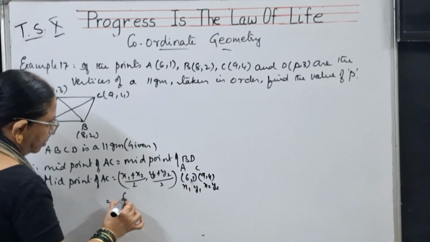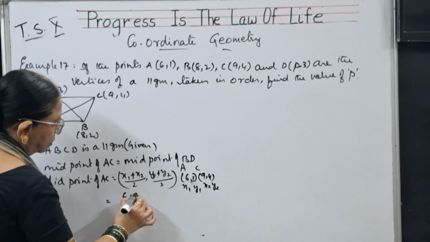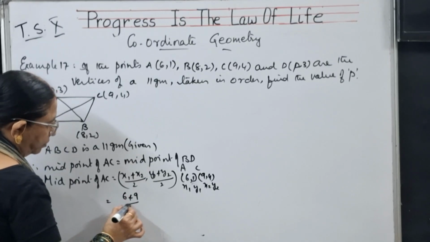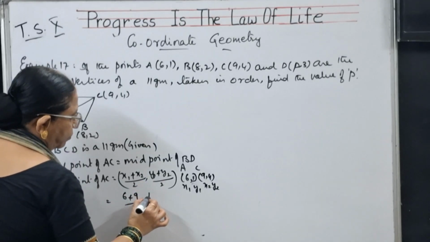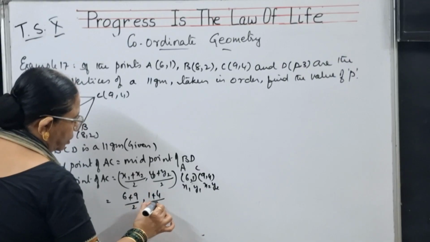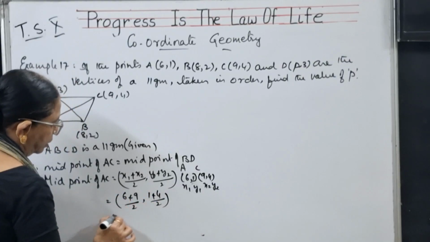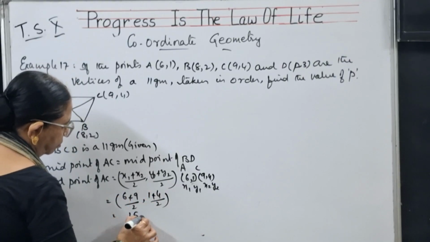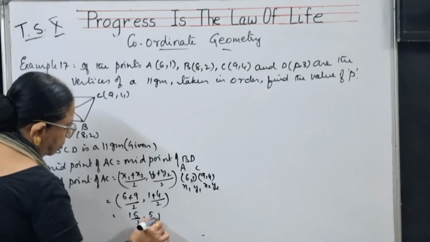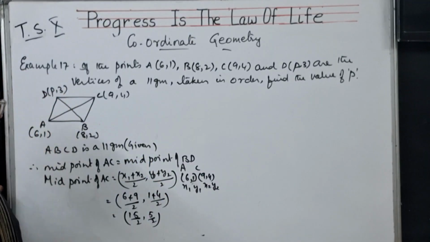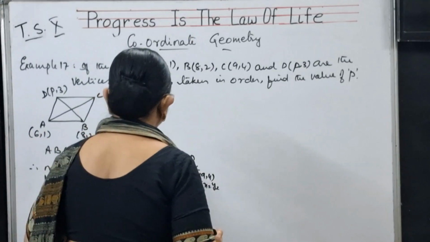So x1 6 plus x2 9 by 2, comma, y1 1 plus y2 4 by 2. That means 15 by 2, comma, 5 by 2. These are the midpoints of AC.